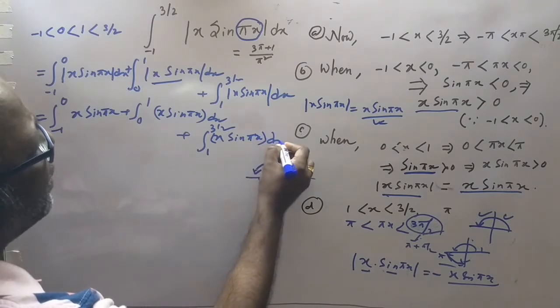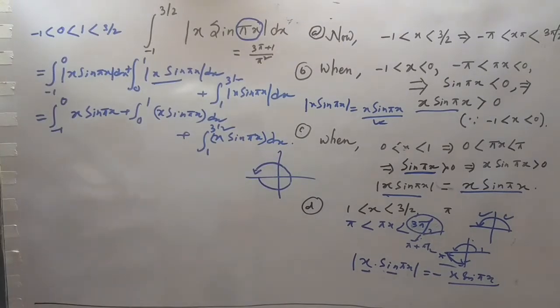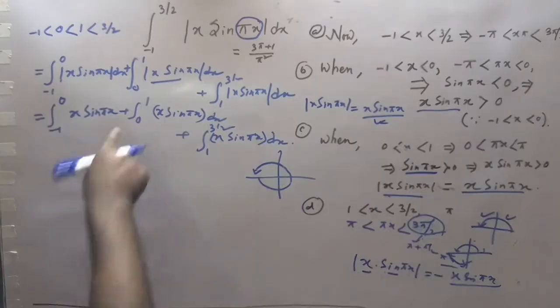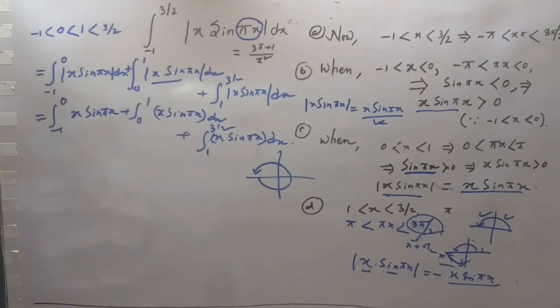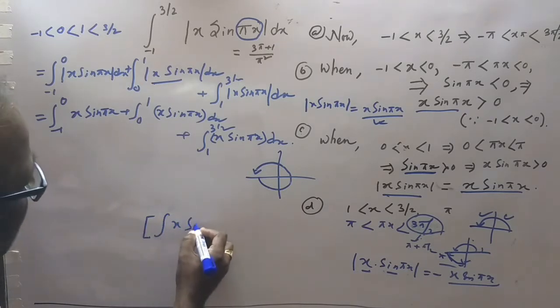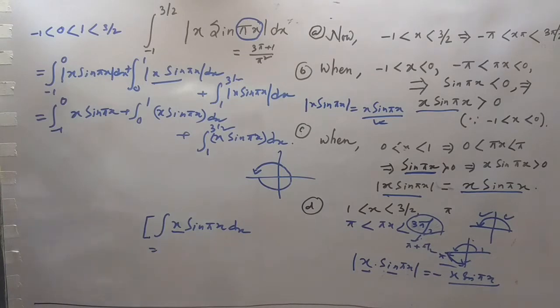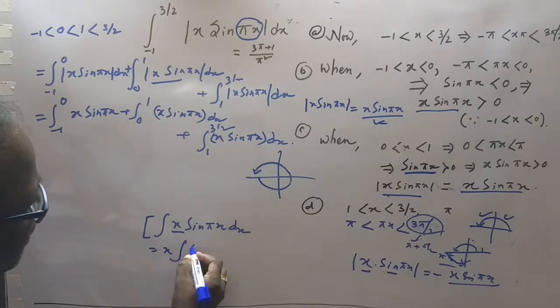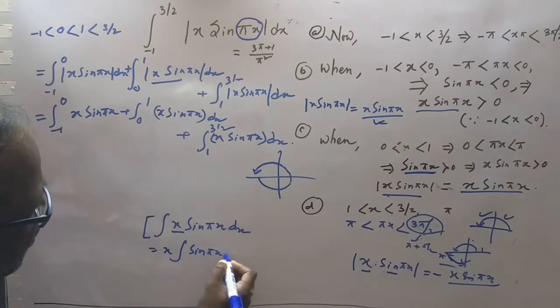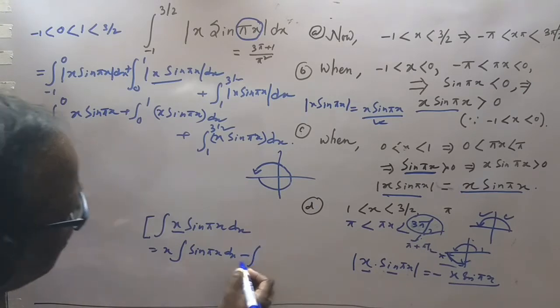You know the product of x and sin(πx), what are we doing here? That is the algebra, and this is the trig. We can take the algebra function as u in the first position. So this is integration by parts of x sin(πx) dx.